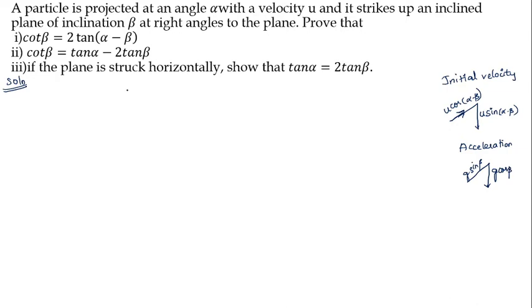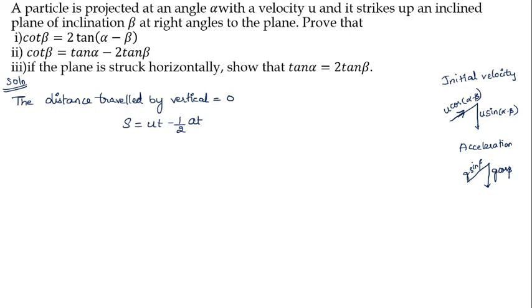Okay, there are two conditions. First condition is if you consider the distance traveled in the vertical direction, we are considering the distance is 0. So what is the distance formula? s is equal to ut minus half a t square, where u is the initial velocity, t is the time taken, and a is the acceleration, s is the distance.